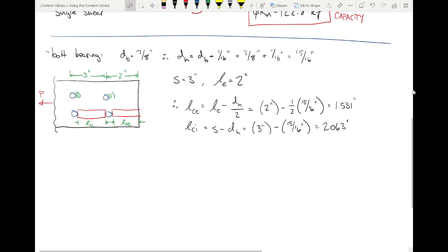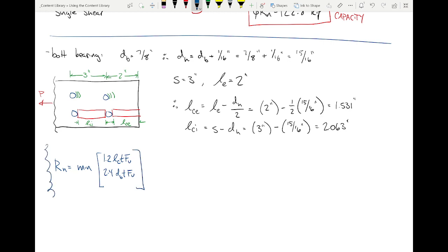Okay? Now, the expression for bolt bearing is the minimum of this. This is the expression, which, by the way, what is FU?